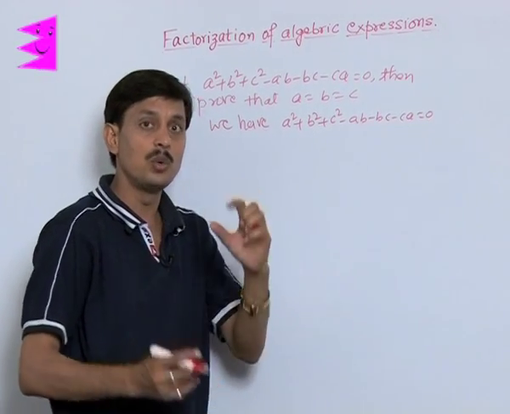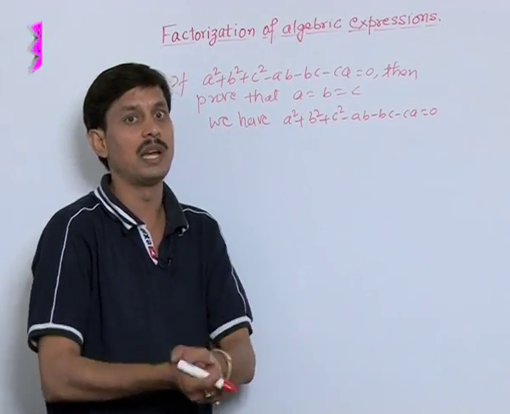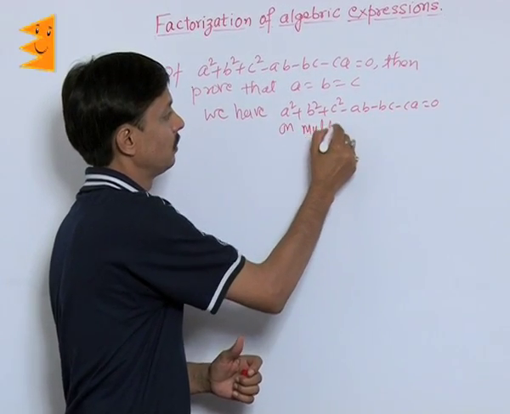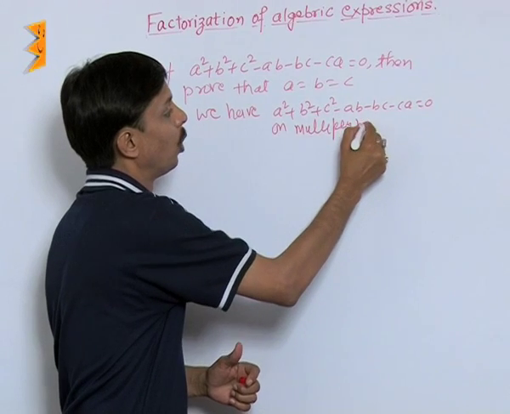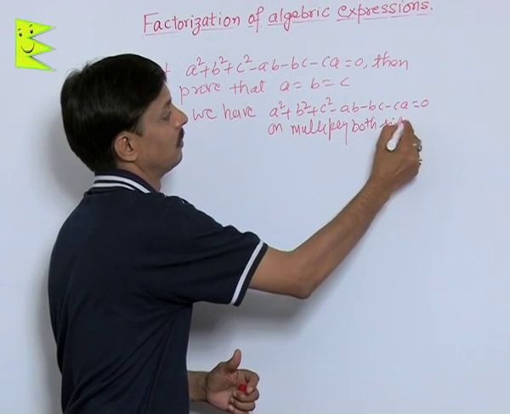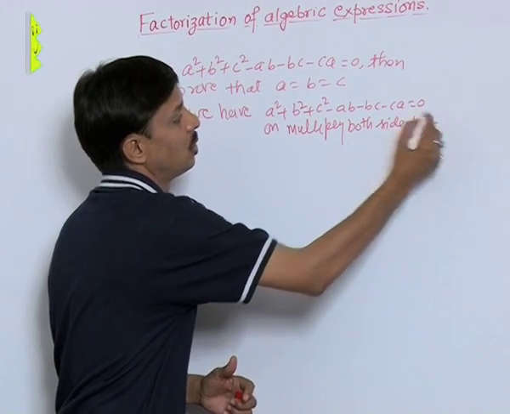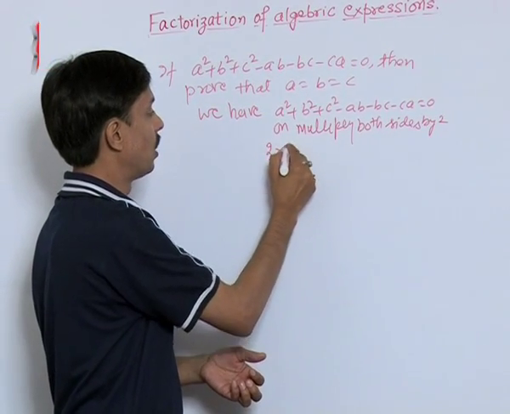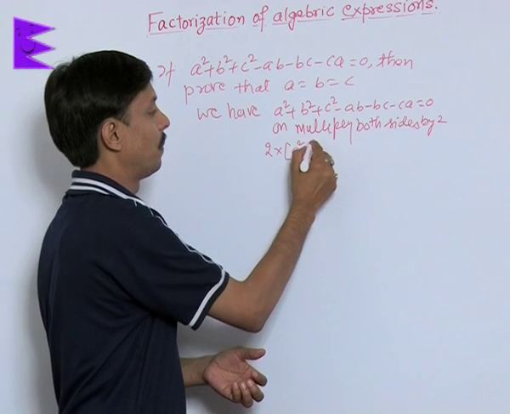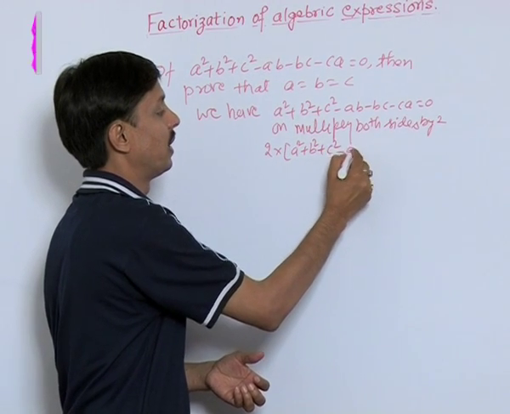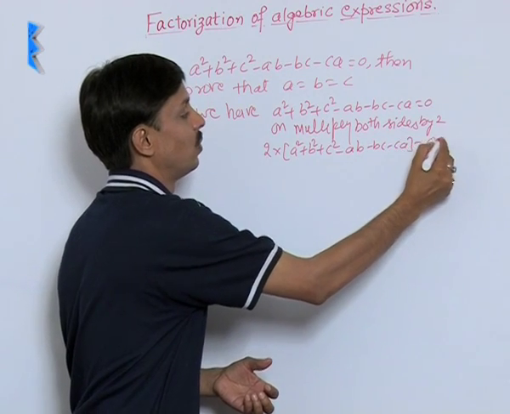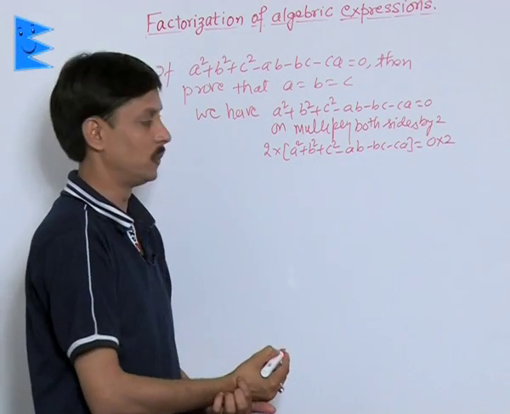If I ask you to multiply both sides by the number 2, this will be twice of a square plus b square plus c square minus ab minus bc minus ca is equal to 0 into 2.